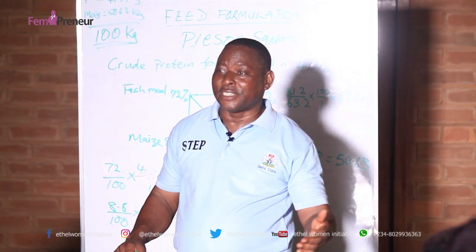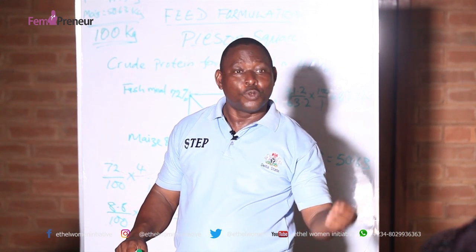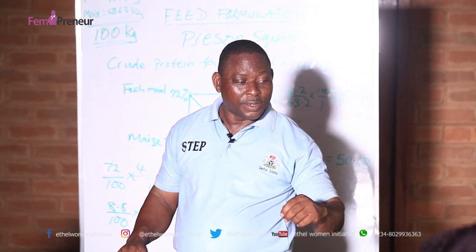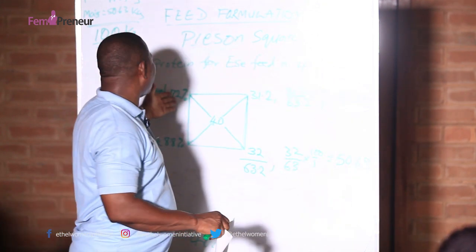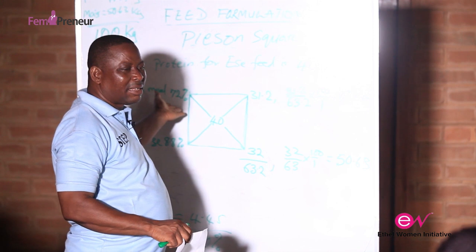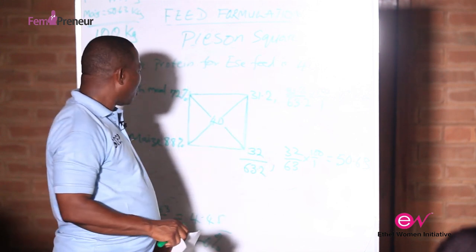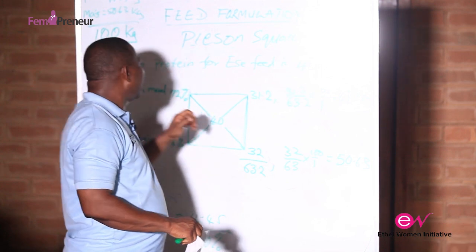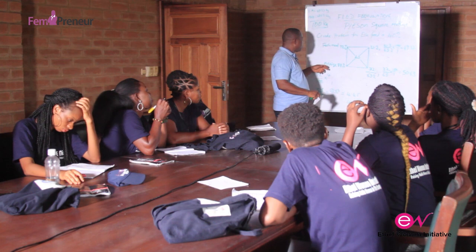Local fish is about, I think 46, 40 something crude protein. But foreign fish is up to some are 80, some are 72%. And so whichever one you want to use, if it is local fish crude protein, you can use that of 42%. It's already established. What you are just looking for is the quantity that you will weigh from fish meal and the quantity you weigh from maize.